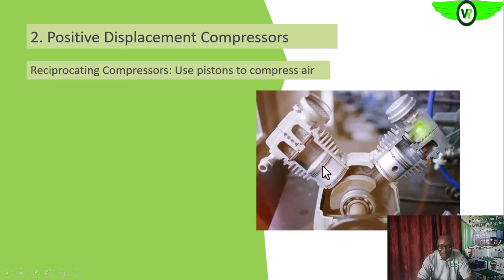As the piston is moving up and down, it is increasing and decreasing the volume. Let's assume that this is the intake section, because you can see the air filter here. As it is moving down, the pressure within this cylinder will be reduced, and since it's reduced, the pressure will now be less than the pressure outside, and that will open up the suction valve, and air will be admitted into this chamber.